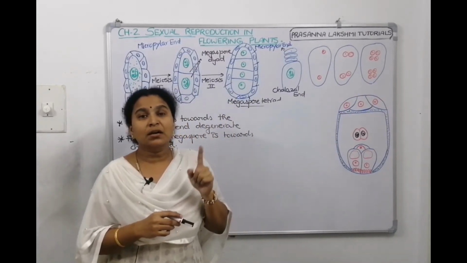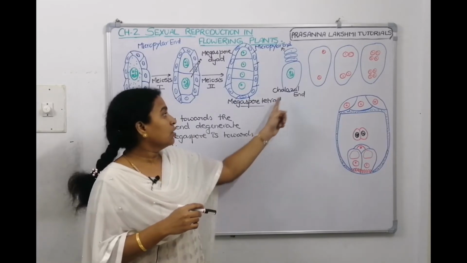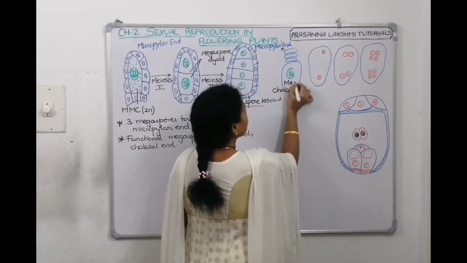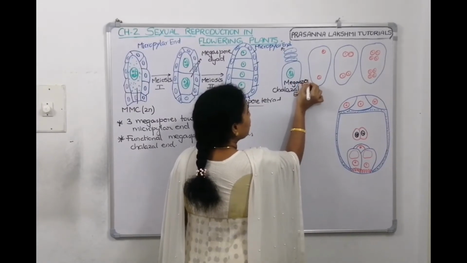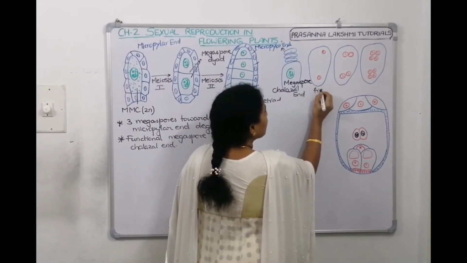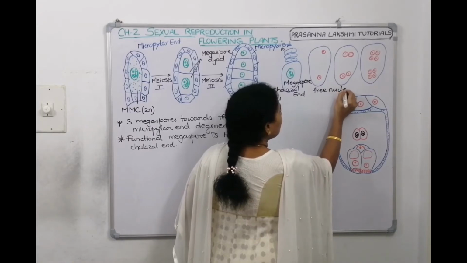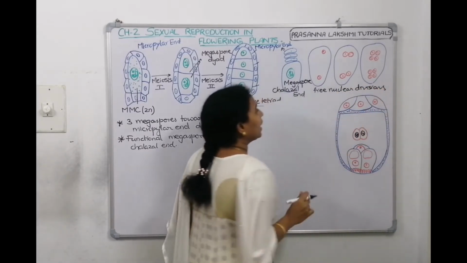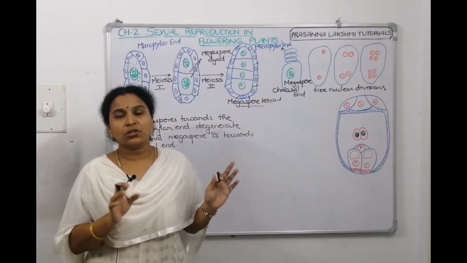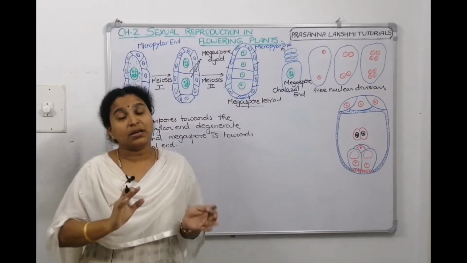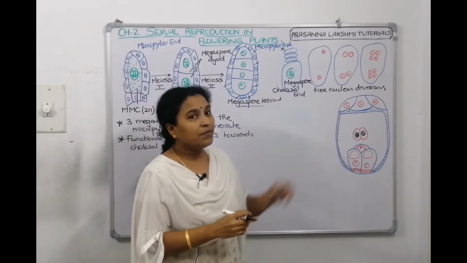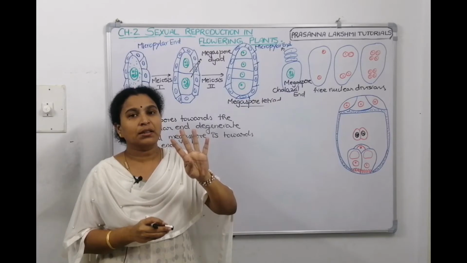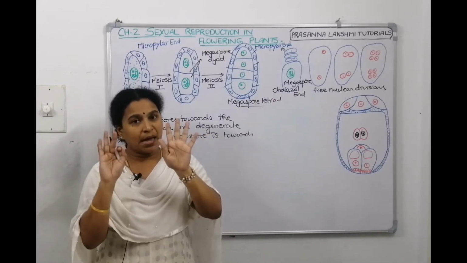So the functional megaspore is undergoing free nuclear divisions. They are mitotic divisions, only karyokinesis will occur. Cytokinesis will occur later. So one division, 1 nucleus became 2 nuclei. Second division, 2 became 4 nuclei. Third division, 4 nuclei became 8 nuclei.